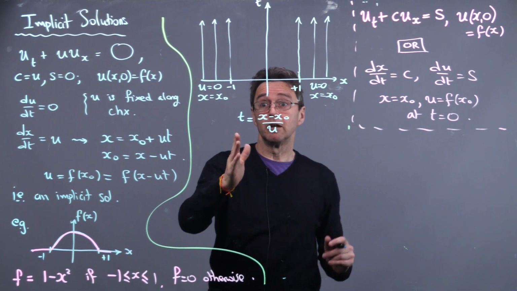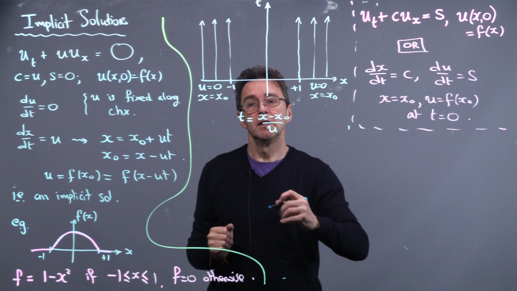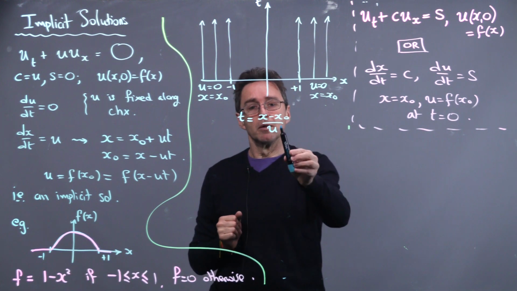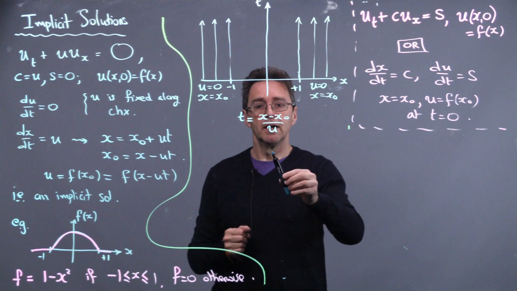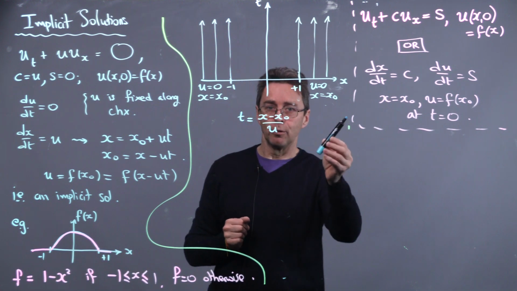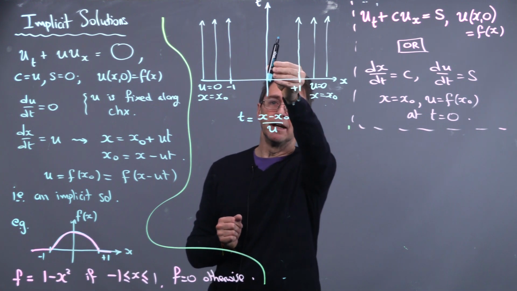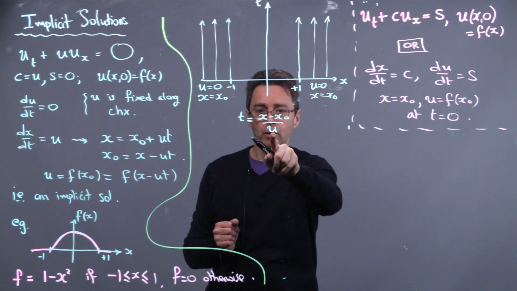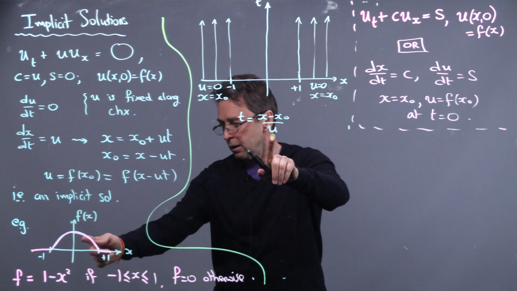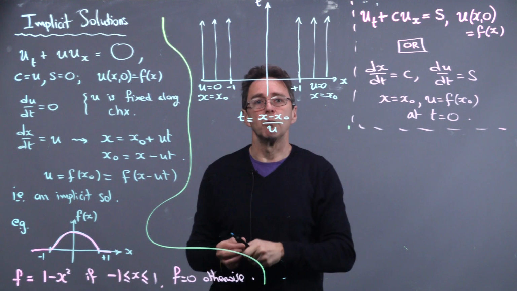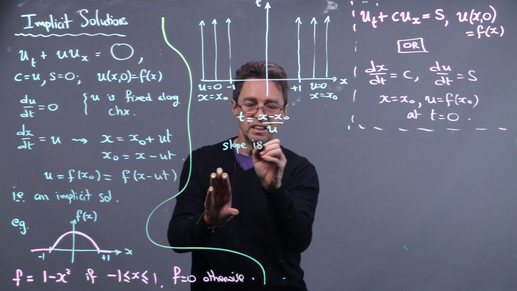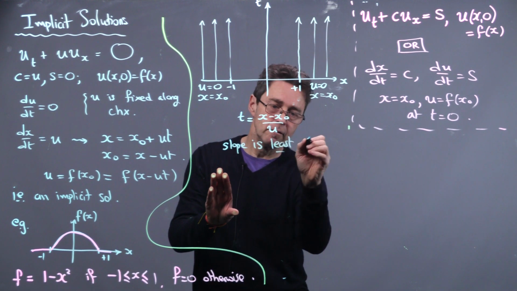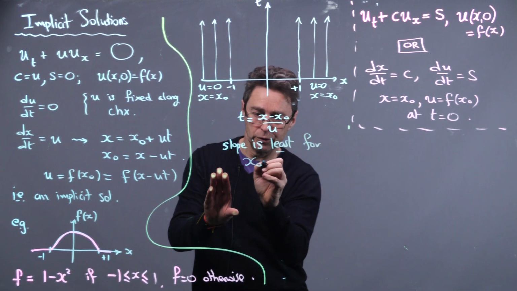So when u is 0, the slope is infinite. That's why they're vertical. And then it will be finite when u is no longer 0. And it will be shallowest. That means it'll be inclined most this way when u is maximum. That's when u is equal to 1 at the top. So the slope is least for x naught is equal to 0.